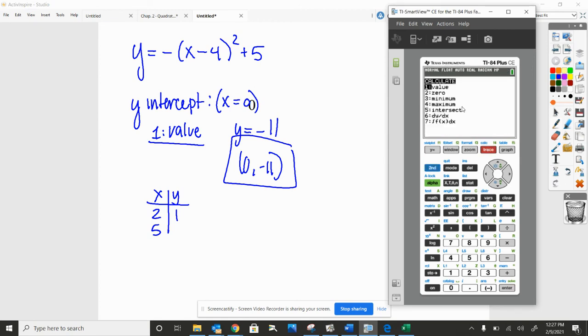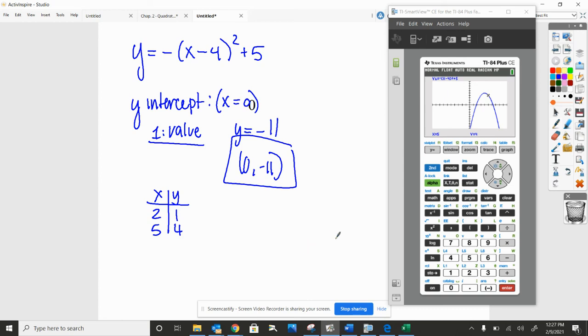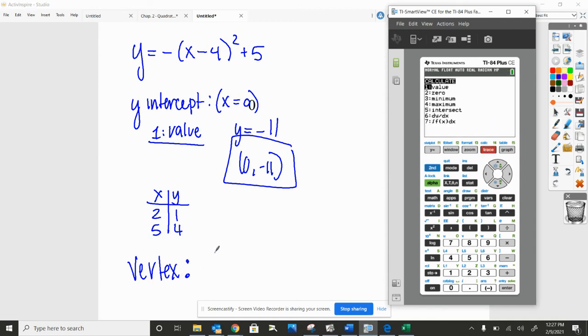Now let's plug in 5, 5, 4. Okay, so these are some other points that would be on there. The only other thing I would like to do is I would like to find the vertex of this. So to find the vertex, we're going to go into the same menu and we're going to decide whether we're using number 3 and number 4, minimum or maximum.